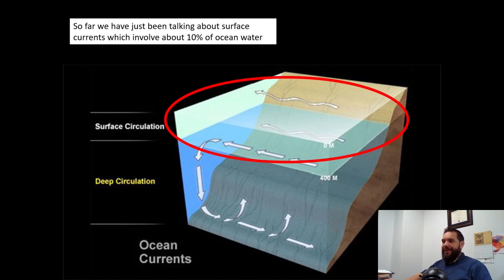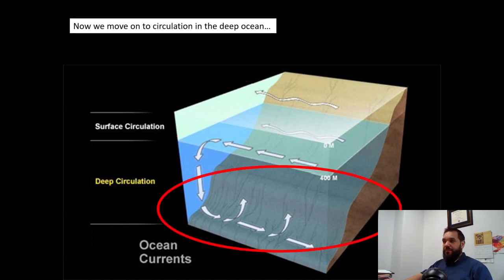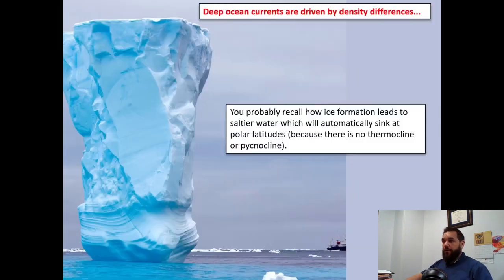Everything we've talked about so far is surface circulation, which is really only 10% of the ocean. Most of the ocean is deep water, and there are deep water currents as well. Now, deep water currents are not driven by winds. They're driven by density differences.